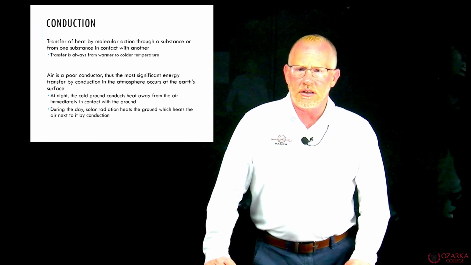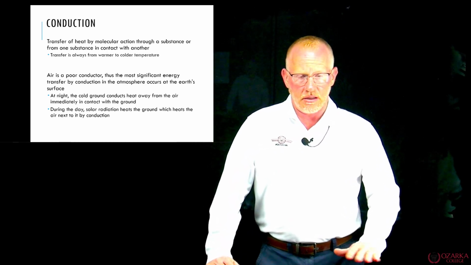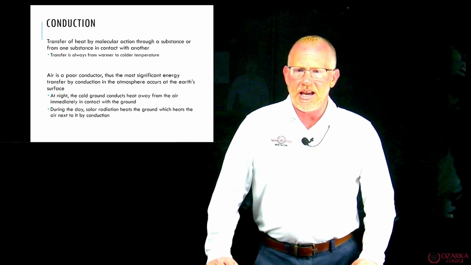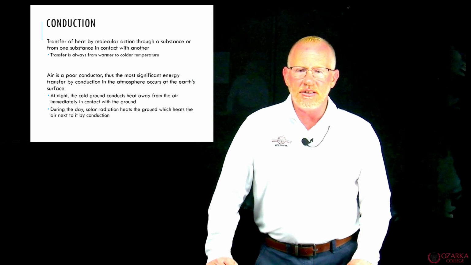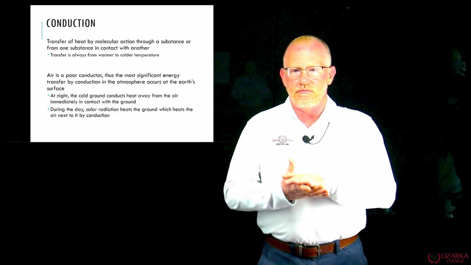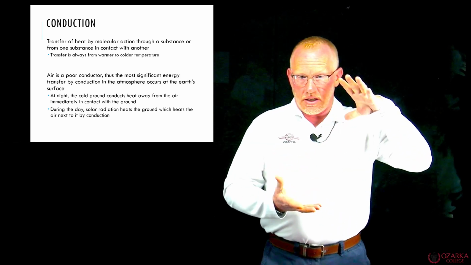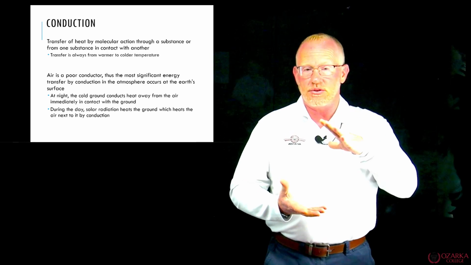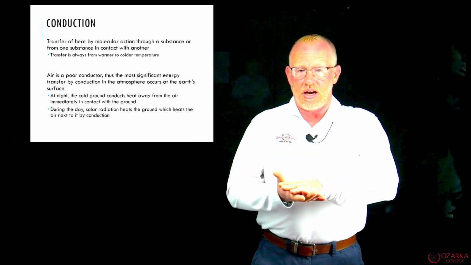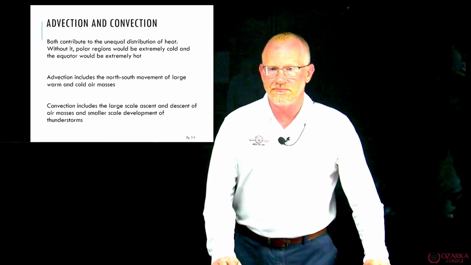So at night, the cold ground conducts heat away from the air immediately close to the ground, touching the ground, right? So during the day, solar radiation heats the ground, and that's your conduction right there. The solar radiation comes through the air, goes down to the ground, comes back up and heats the air close to the ground. It's touching it. There's your conduction.